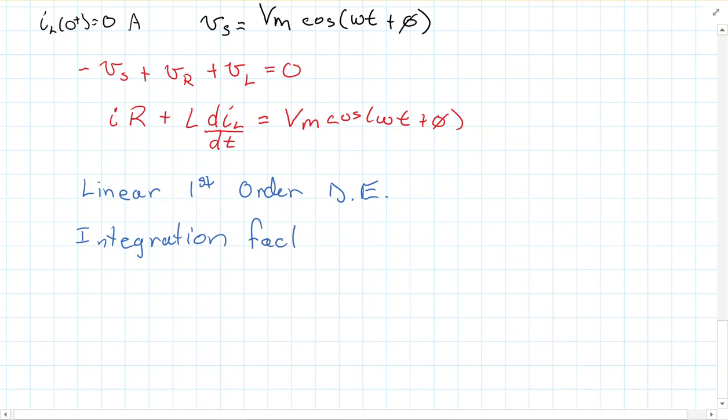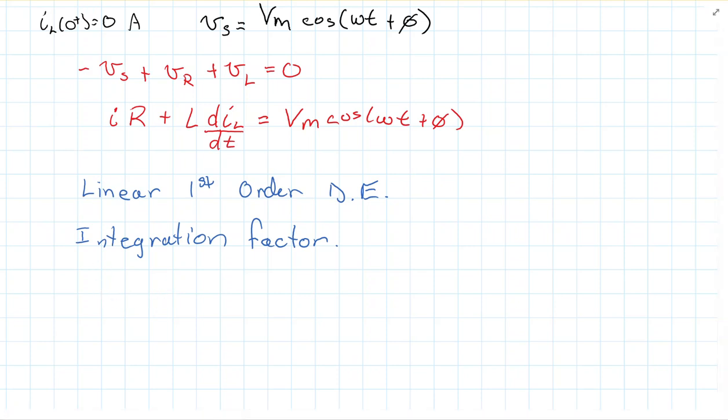To solve this. Now, before I even get ready to use the integrating factor, in order to get this completely set up, we're going to rewrite this differential equation. I'm sorry, I'm doing it the wrong way here. Let me erase this.